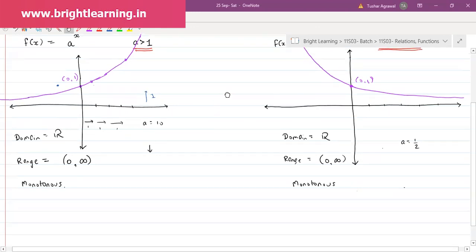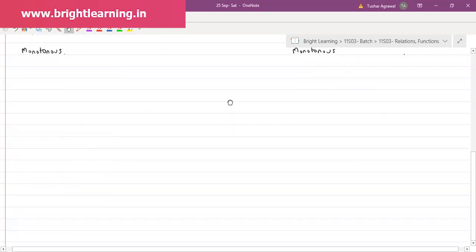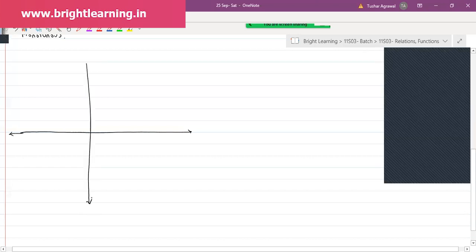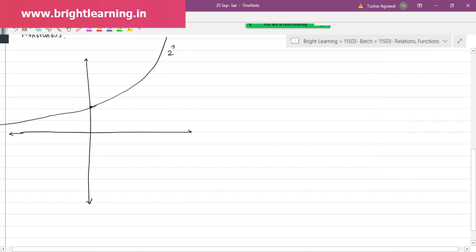So this is the exponential function, and now on one graph only, if I draw multiple exponential functions, if different a's are given to you, just a comparison I will tell you. This is the graph of, let's say, 2 to the power x.